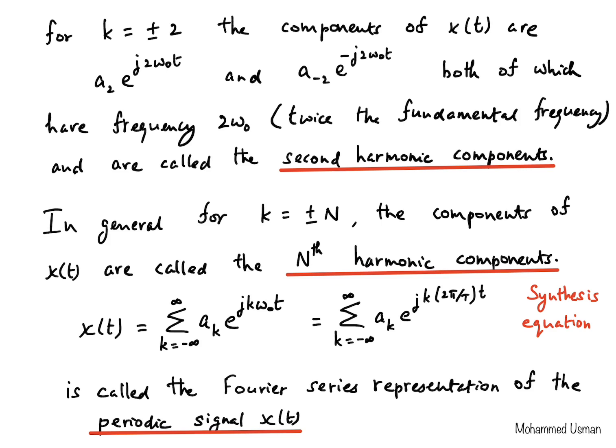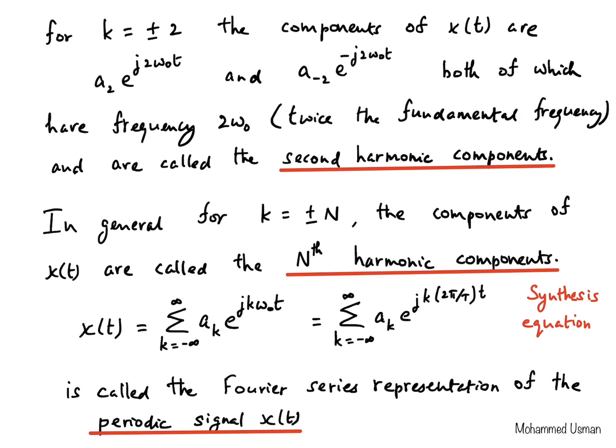But if that signal happens to be an eigenfunction, then we call it an eigenfunction only when the output is the same as the input signal. Except for the scaling factor, there is no other change between the input and the output, and the scaling factor that we get is called the eigenvalue of the system. And the eigenvalue is basically nothing but the frequency response of the LTI system, which is obtained as the Fourier transform of the impulse response of the system.